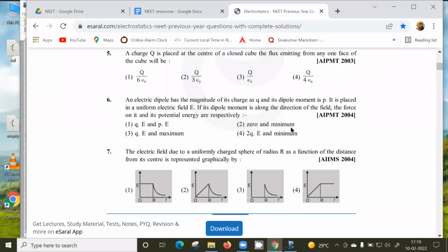So it should be within these two options. This is wrong, this is also wrong. And force is always 0 because it's a uniform electric field. So the correct option is option 2. Is this clear?